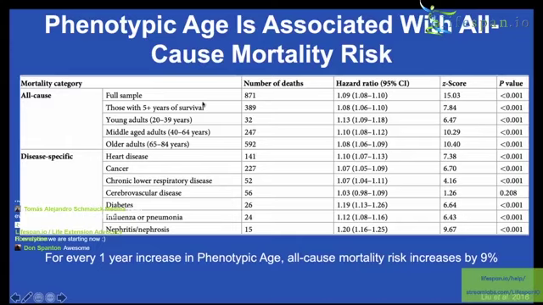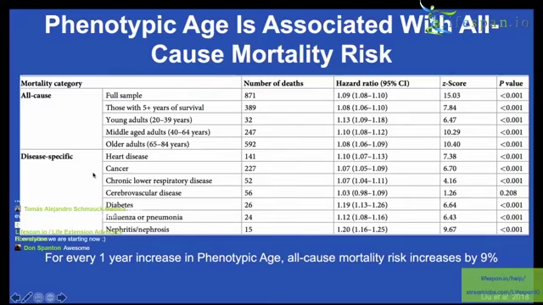You can see that here for the full sample, a significant 9% increase for each 1 year increase in biological age. This finding was also true whether looking at young adults, middle-aged adults, or older adults.